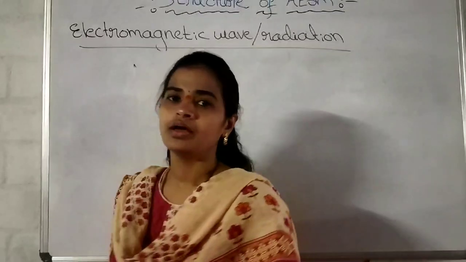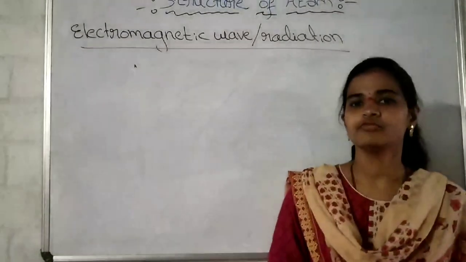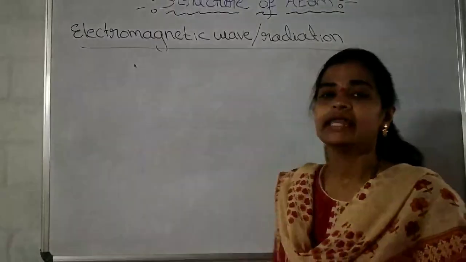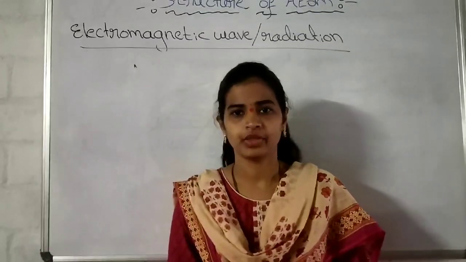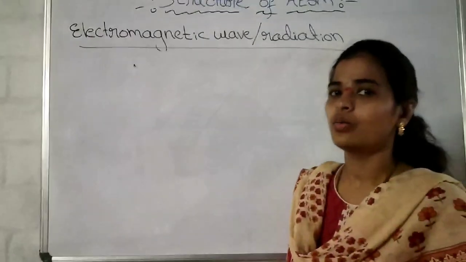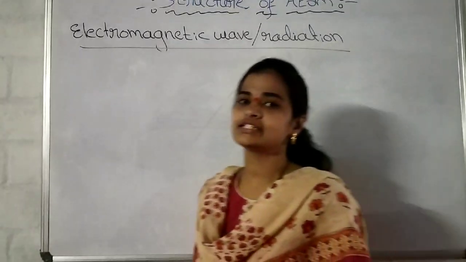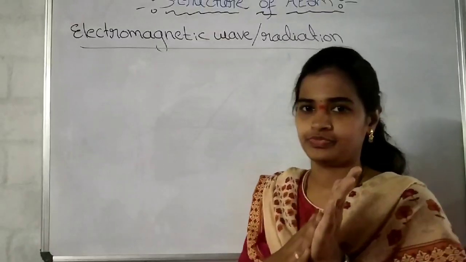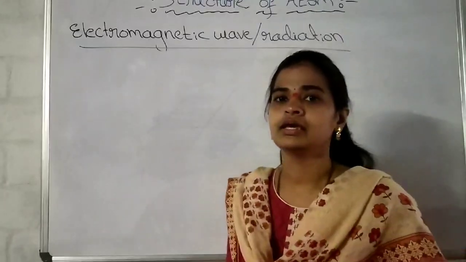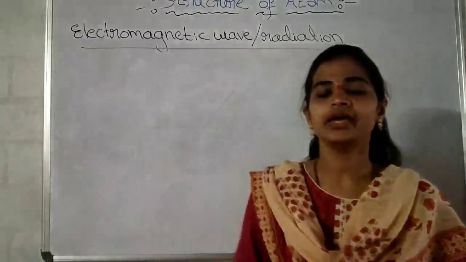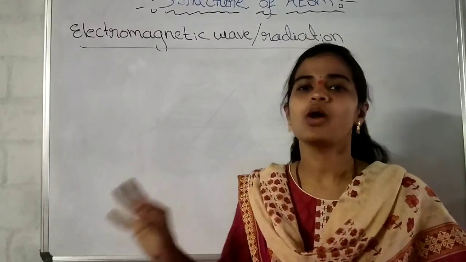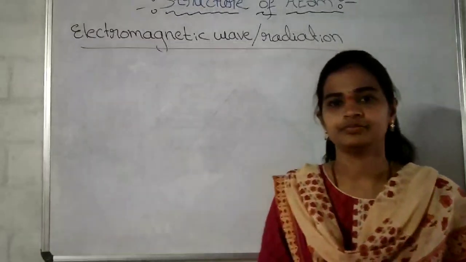Now we'll move on to one of the important concepts, that is electromagnetic radiation or electromagnetic wave. Scientist Maxwell has given the idea about the electromagnetic wave. He proposed a theory known as Maxwell's theory of electromagnetic radiation.